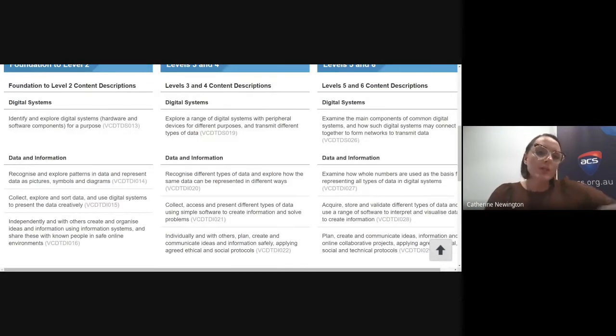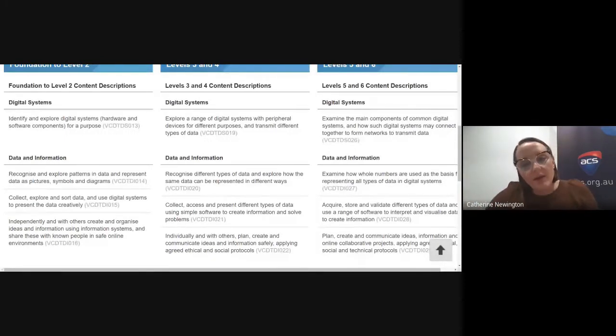If we look at the digital systems standard and the content descriptor for F to 2, we're looking at software and hardware and the digital components that way. Then when we move up to 3-4, we start to integrate peripheral devices. So we go from the computer or the system that we have, then we look at peripheral devices.